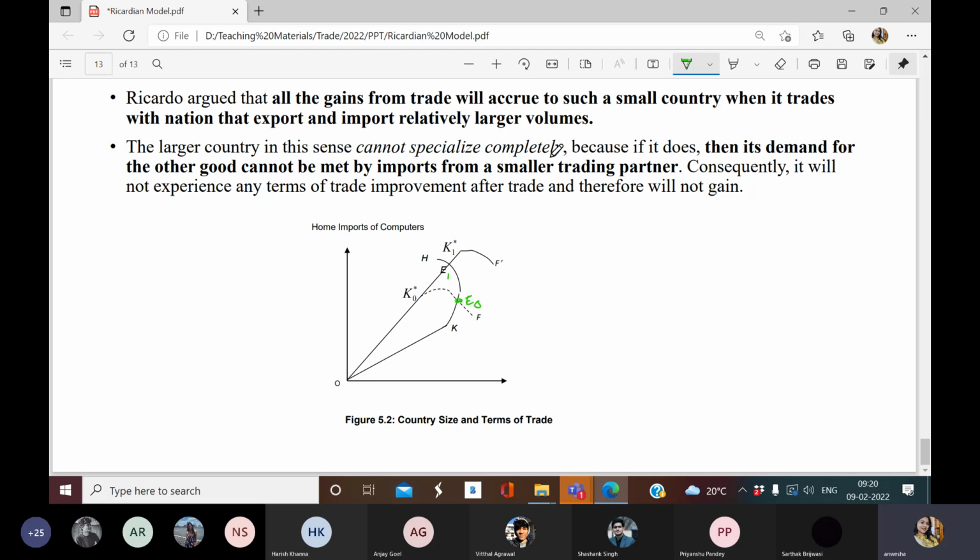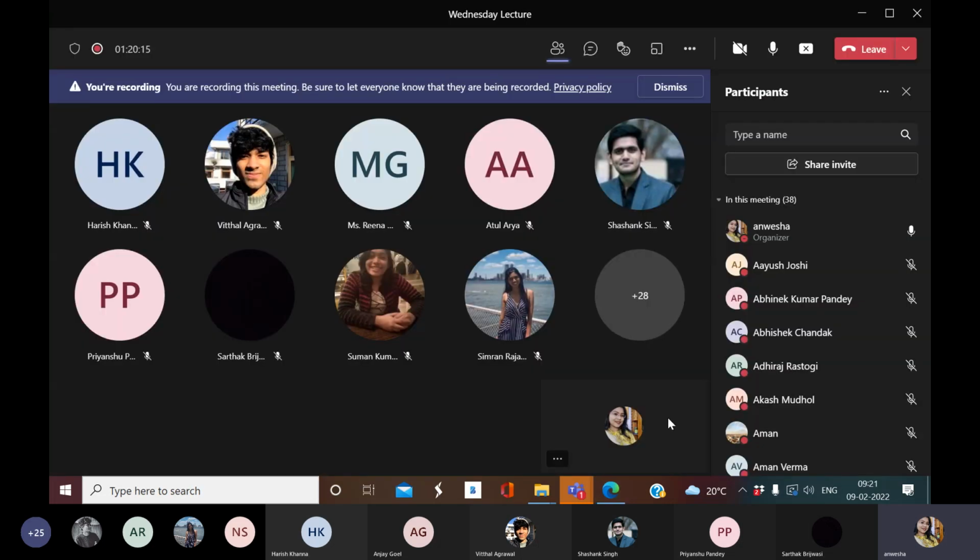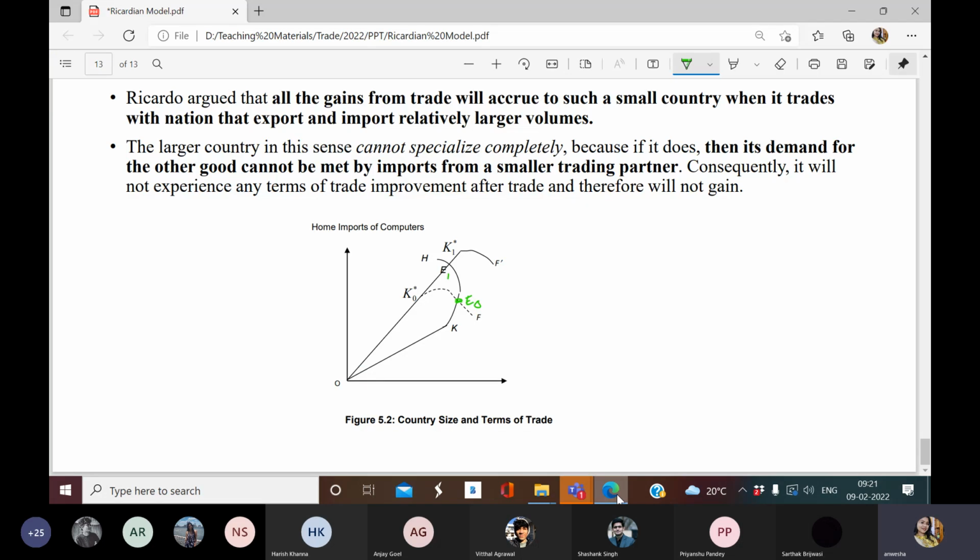Now what can we say about the terms of trade improvement for the two countries? Is there any terms of trade change for the foreign country? For the foreign country, there is no improvement in terms of trade, isn't it? This new terms of trade OE1 just coincides with the foreign country's offer curve. So there is no improvement in the terms of trade, right?